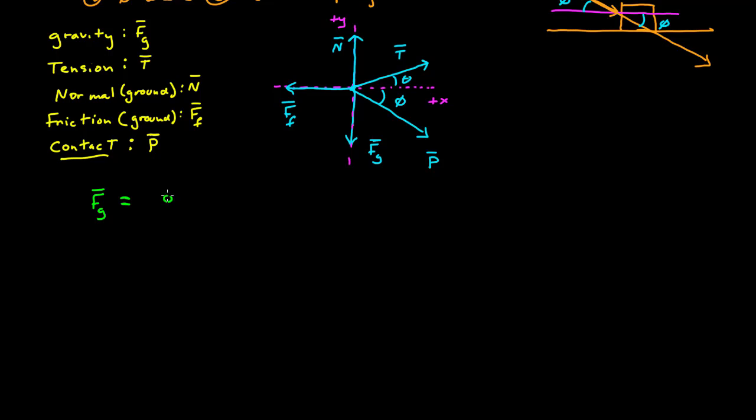So my force due to gravity has no component along the x-axis, but it has its full magnitude along the negative y. From my gravitational force model, the magnitude of my gravitational force is the mass of the object times gravity. Now, it's along the y-axis, and then from my graph, I see that it points in the negative direction.